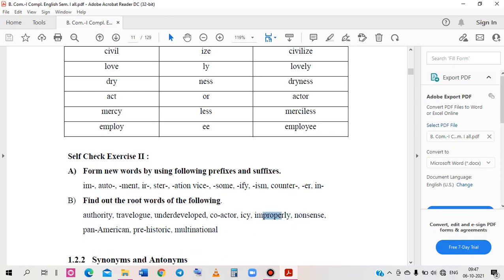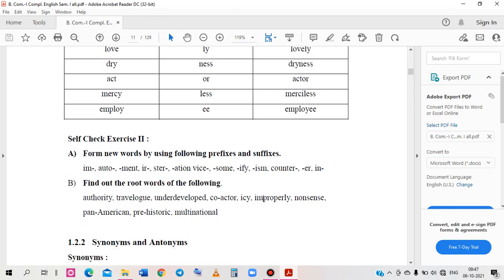Improperly, proper is a root word, ly is a suffix, im is a prefix. Nonsense, sense is a root word, non is a prefix. Pan American, America is a root word, an is a suffix, pan is a prefix.